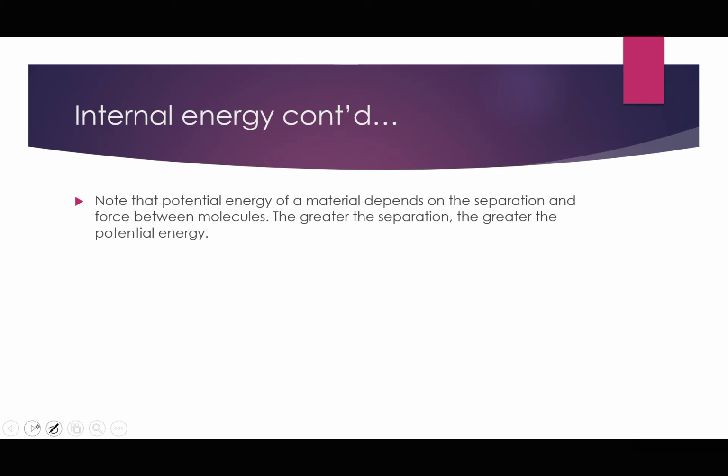And if the force between the molecules is large, it means the potential energy is also going to be large. The greater the separation, the smaller the potential energy, because the force between the molecules becomes smaller.